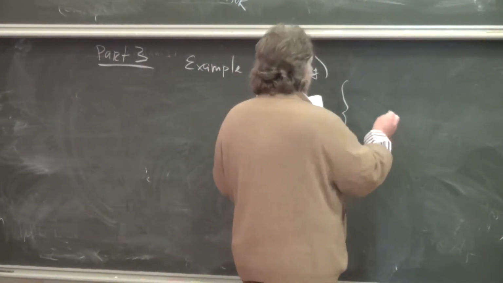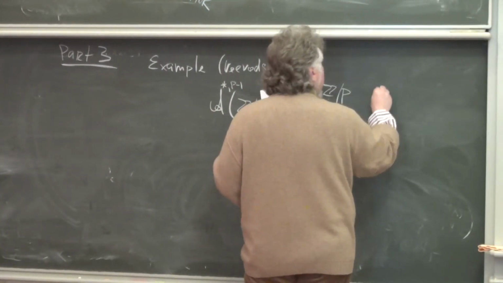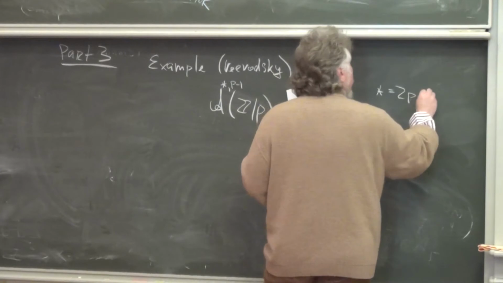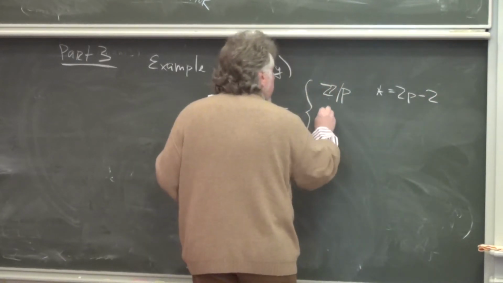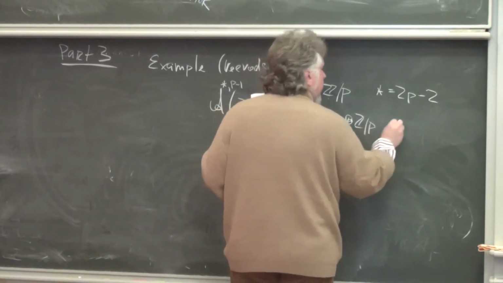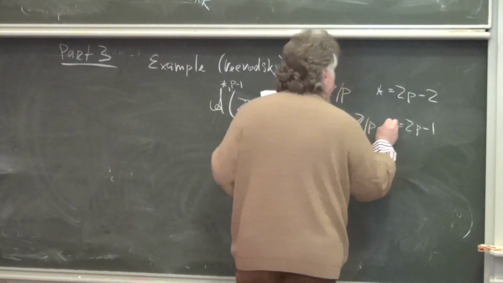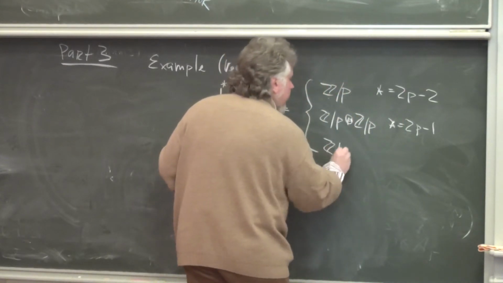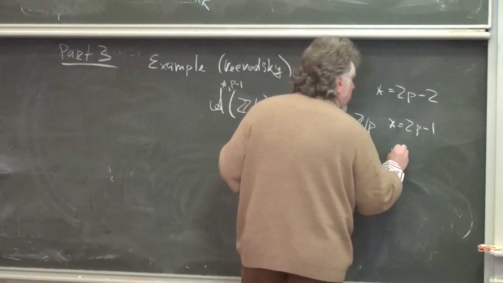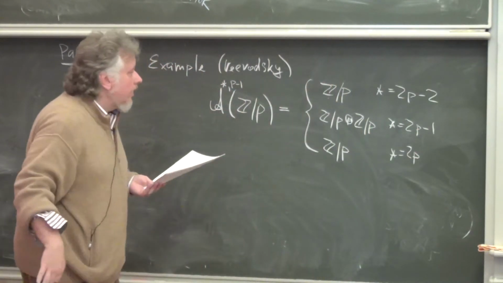So what we have here: Z/p for star equal to 2p minus 2, Z/p plus Z/p for star equal to 2p minus 1, and again Z/p for star equal to 2p, and 0 in all other cases.